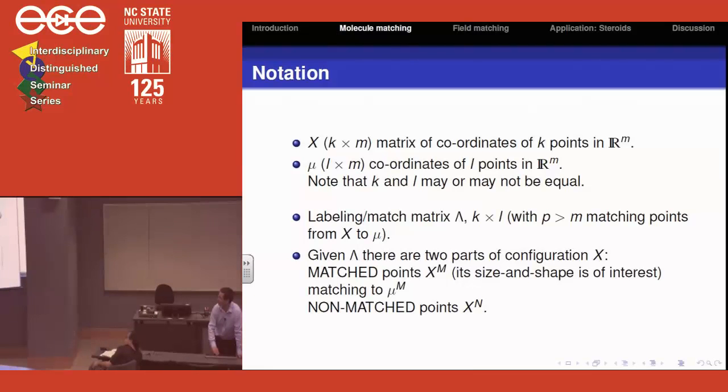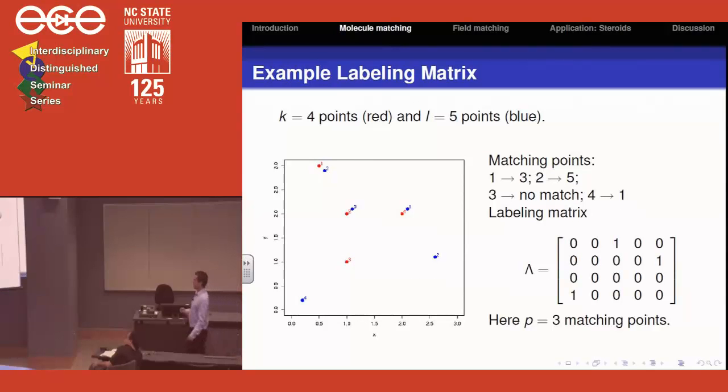So a very simple example where I have 4 points in one configuration and 5 points in another. And this is just in 2D, just for illustration. It's just a very simple toy example.